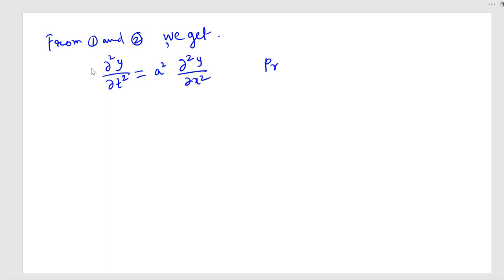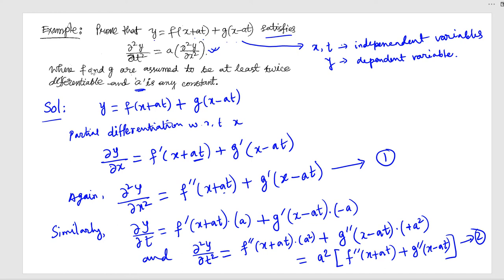Hence we have proved the claim. So this is our target. The computation is not that difficult. It is just that we have to take one variable at a time constant, and differentiate with respect to the other variable.